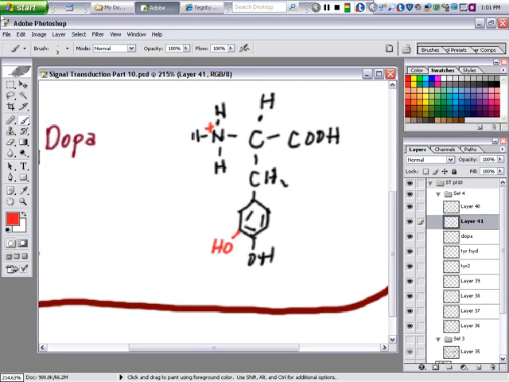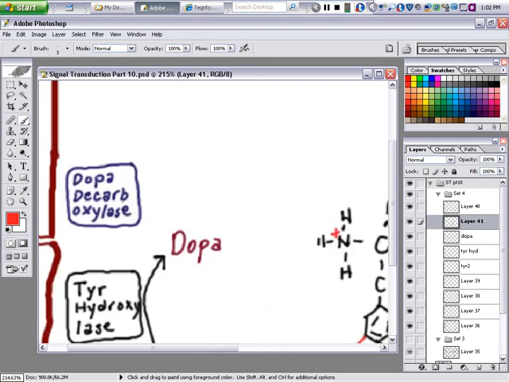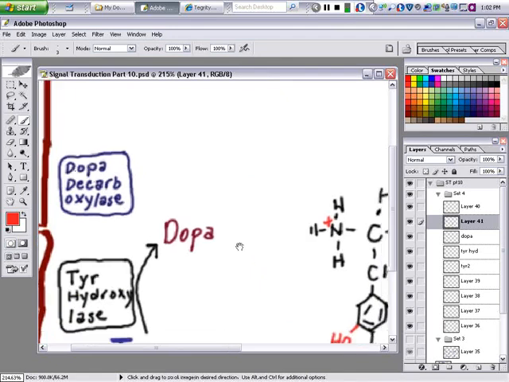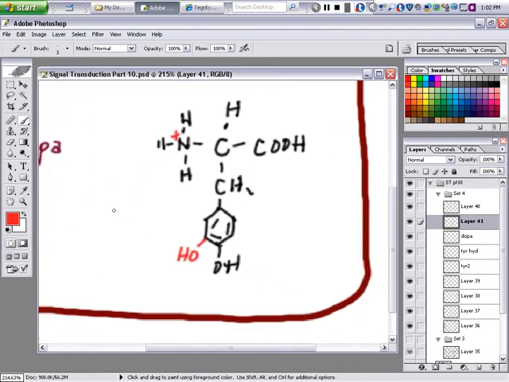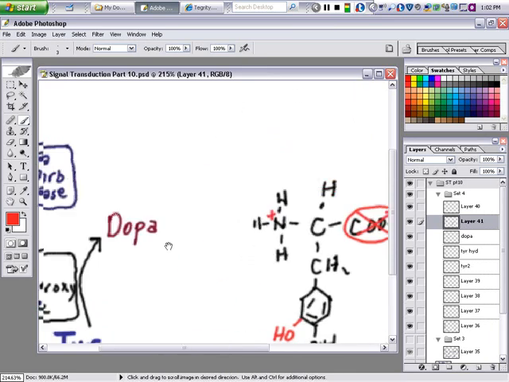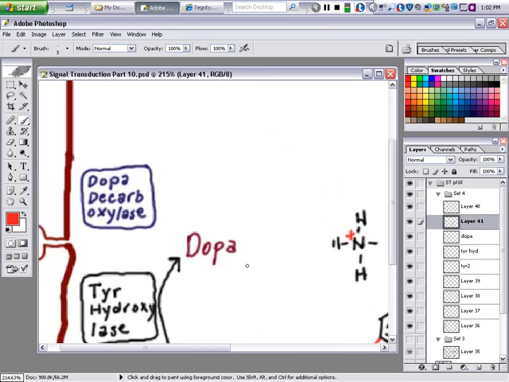Okay. Now the next thing that's going to happen, dopa decarboxylase. What is it going to remove? It's going to remove this carboxyl group. So now this carboxyl group goes away. And so this compound is now, we don't just simply call it dopa now.